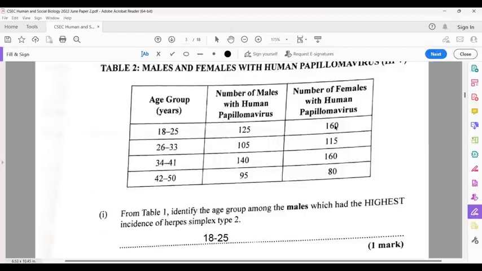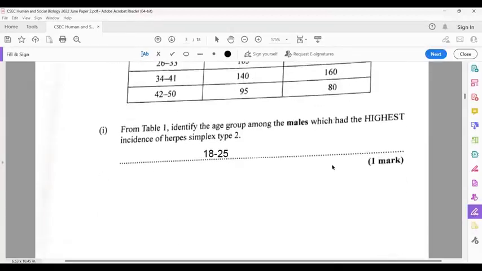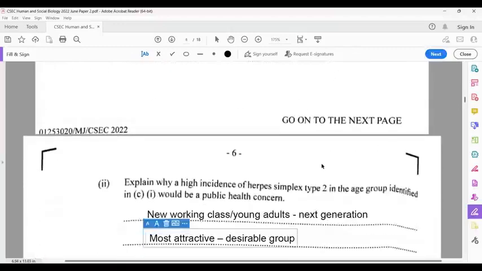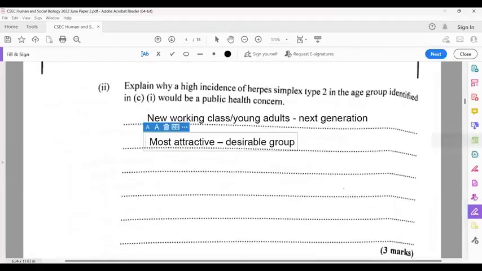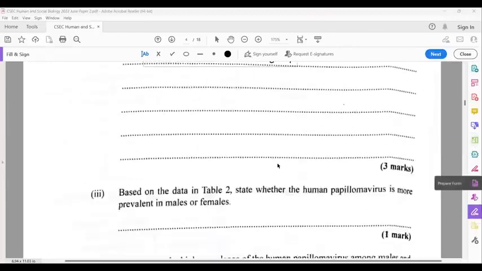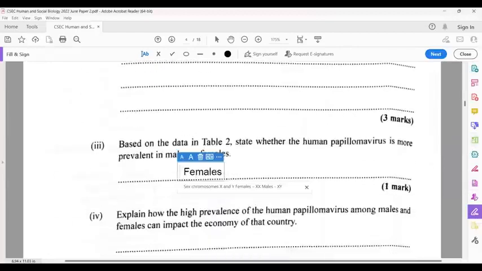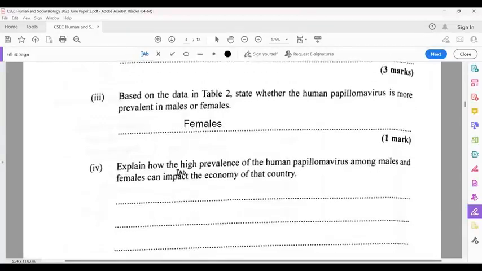When we add up the females of 160, 115, 160, and 80, we get 515. So which one has the higher number? The females. They asked you which one. So you have two choices, either males or females. This is literally an example of a 50% question for 1 mark.